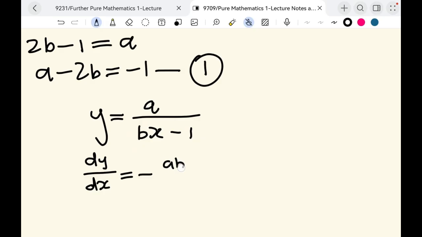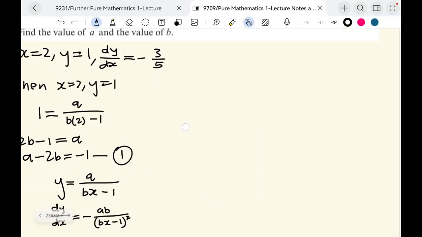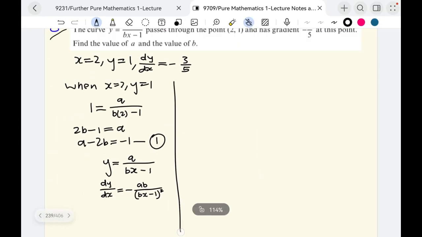So a times b divided by (bx minus 1) squared, because of the increasing degree for the differentiation of the denominator. And what's next? When dy/dx equals negative 3/5 and x equals 2, do it like this.